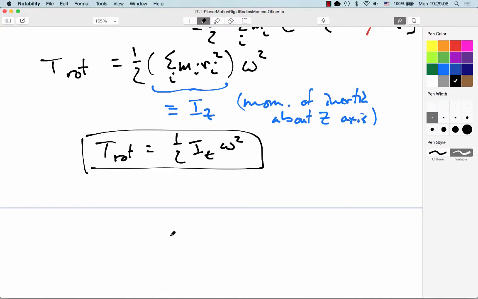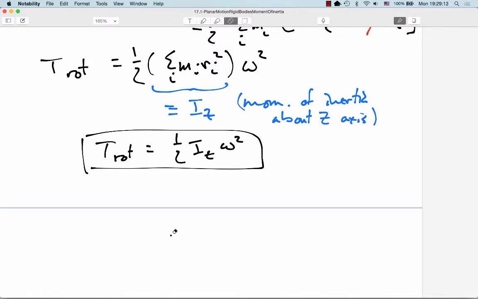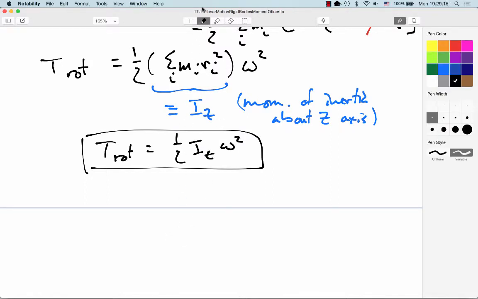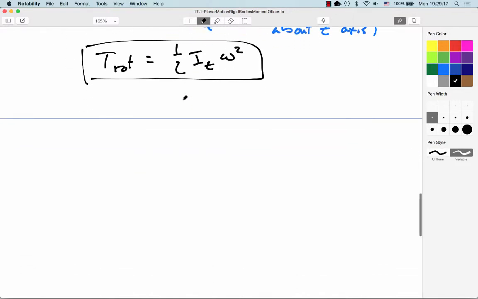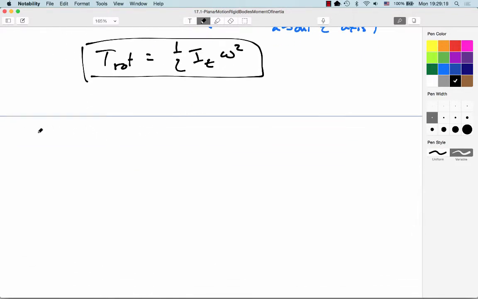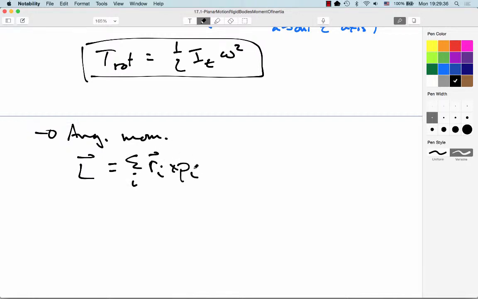All right, now let's go ahead and connect that to angular momentum. So the angular momentum of any mass particle is going to be r cross p, so we'll sum over all of them, Ri cross pi, to get the total.